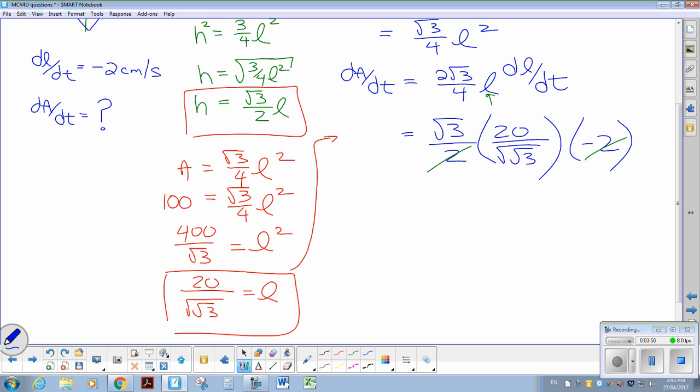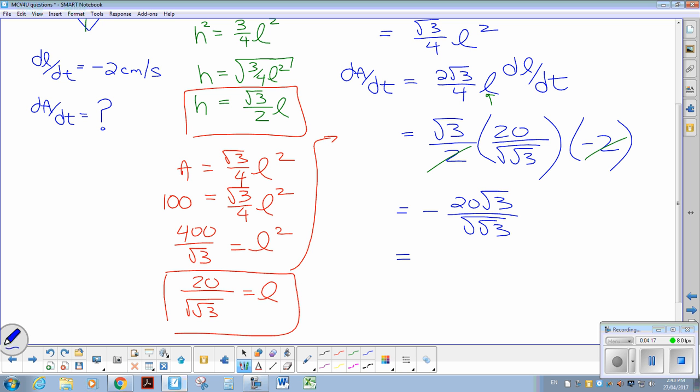The 2's will cancel. It makes sense that the rate is going to be a negative value because the area is decreasing. Remember, it's the square root of the square root of 3. At this point, I'm just going to write it as 20 root 3 over root 3.